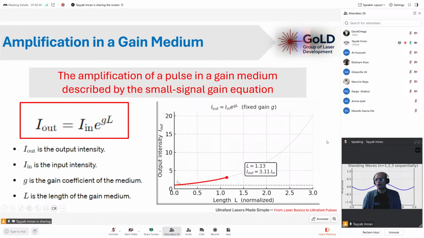Now what you see here are some mathematical equations. You may know them from before, but when we study amplification, we need to know these equations.